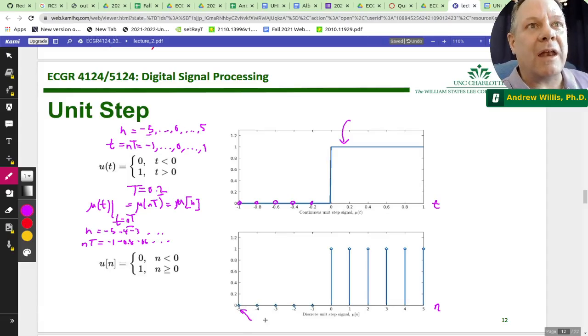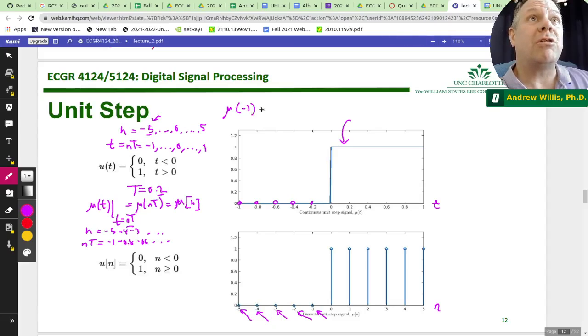That's how we're getting these values here. Because n has the index -5, n times T has the value -1. So we're taking u at nT, which is -1, and setting it equal to u of -5.